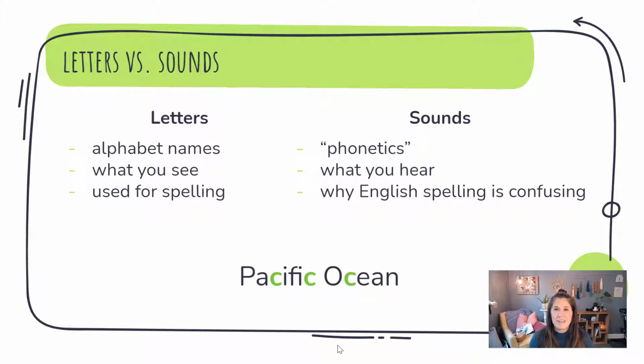However, every time that C is pronounced, it's pronounced with a different pronunciation. Try it. Pacific Ocean. S, k, sh. So, letters and sounds are 2 different things, okay?